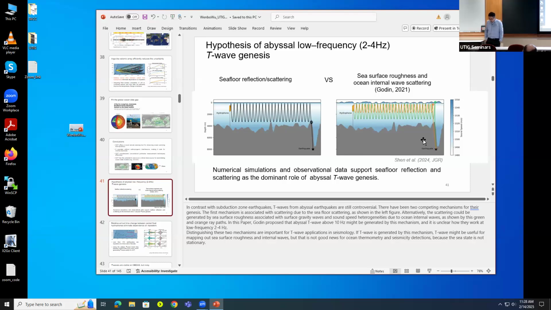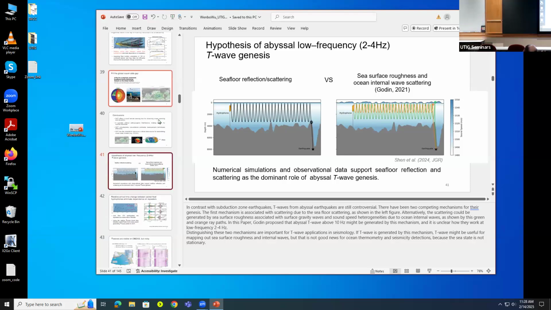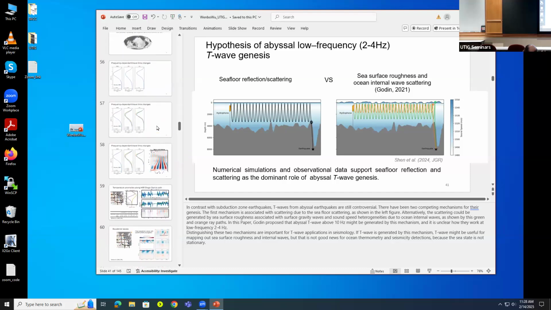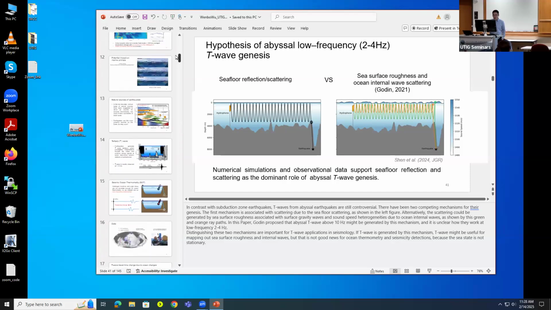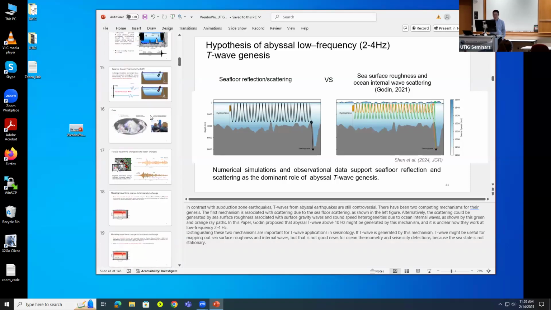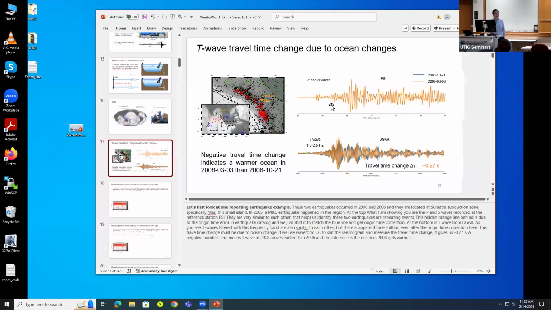Oh yeah, I think I forgot to talk about that. In one slide, I showed the P and S wave results recorded by the local station, and we can see the P and S waves are very similar to each other. In seismology, we have existing methods to identify which earthquakes are repeating earthquakes. The criterion is that when their waveforms are sufficiently similar to each other, we identify them as repeating earthquakes.